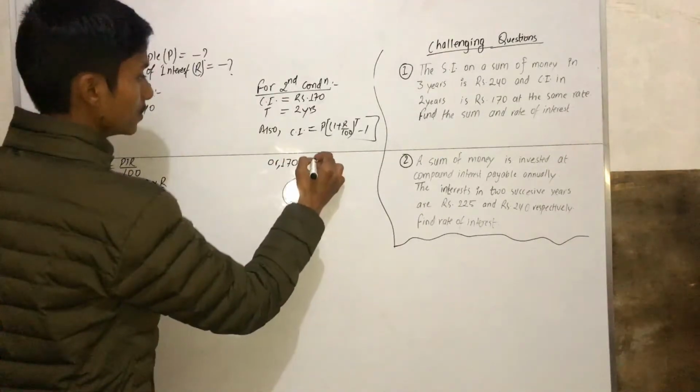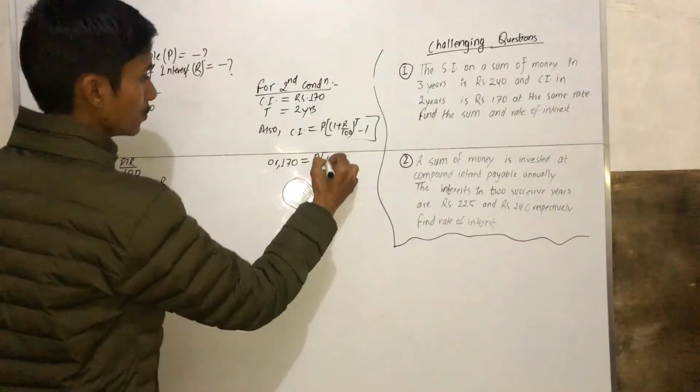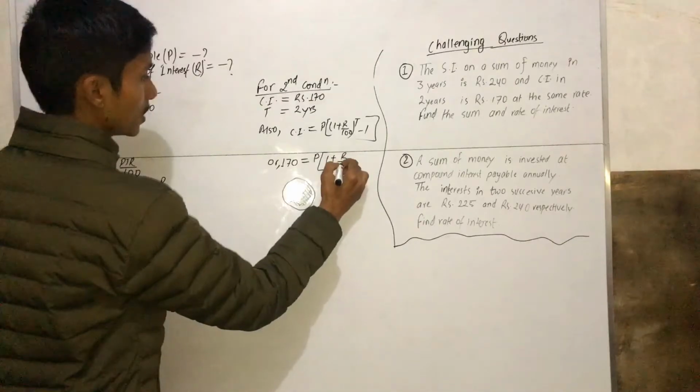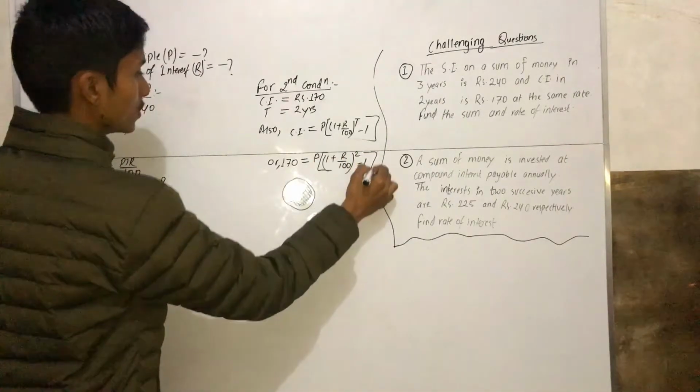170 is equal to P times (1 plus R by 100), time is 2 years, minus 1.